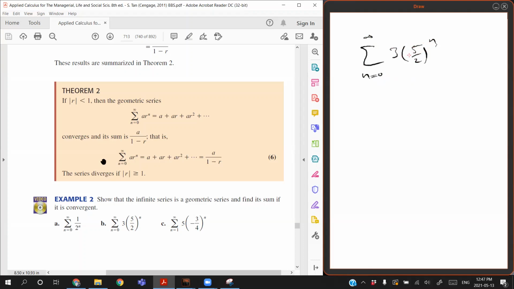That's 1. 3 times 1, 3. So that's the first term, a equals 3. And the common ratio is clearly 5 over 2. And this is greater than 1. So this one diverges. You good?